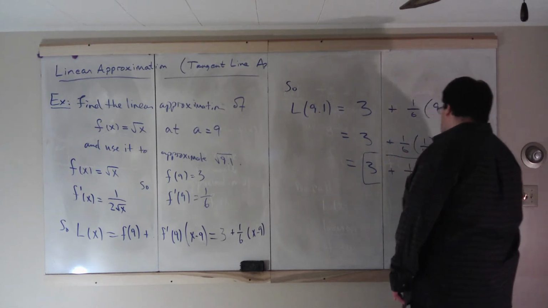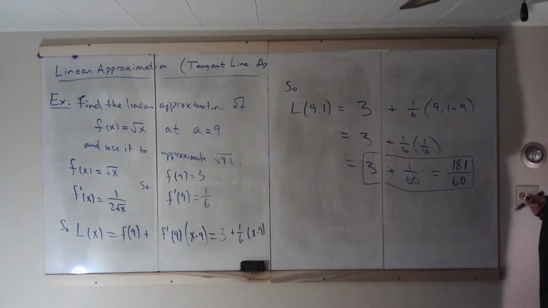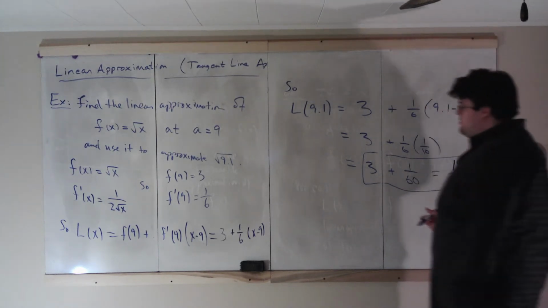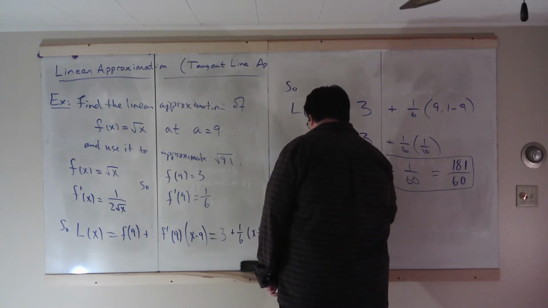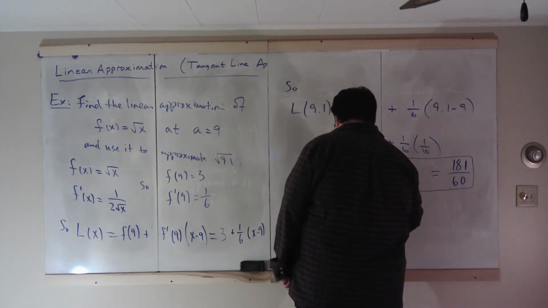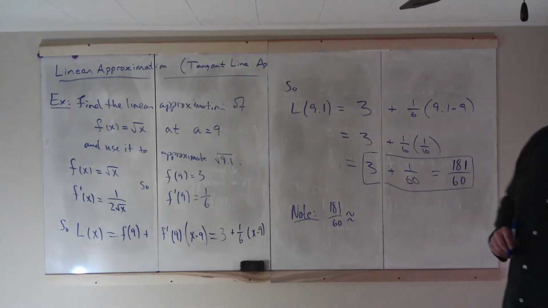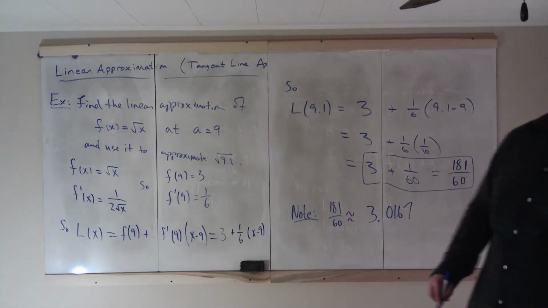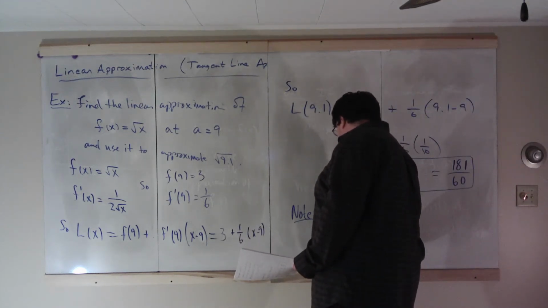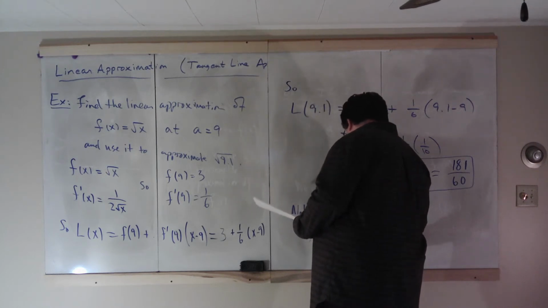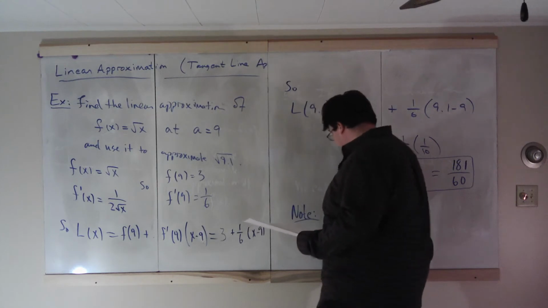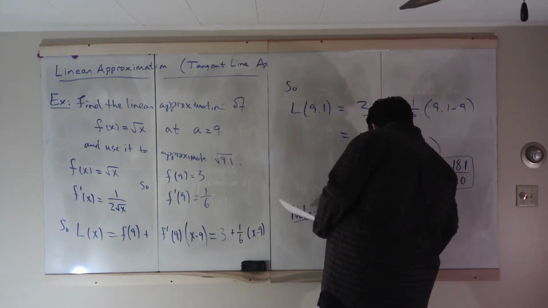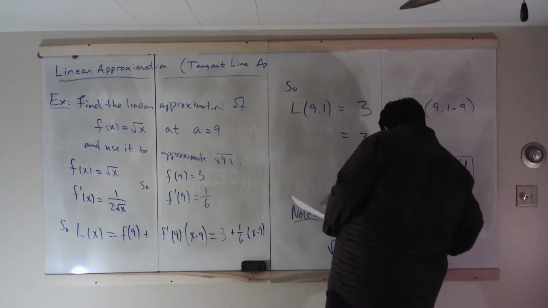But in general, I would accept an answer like this for one of these. So here we have 181 60ths. Now, I'll just note, comparing the decimals, the approximation we got, 181 60ths, is approximately equal to 3.0167, and the actual square root of 9.1 is approximately equal to 3.016620.